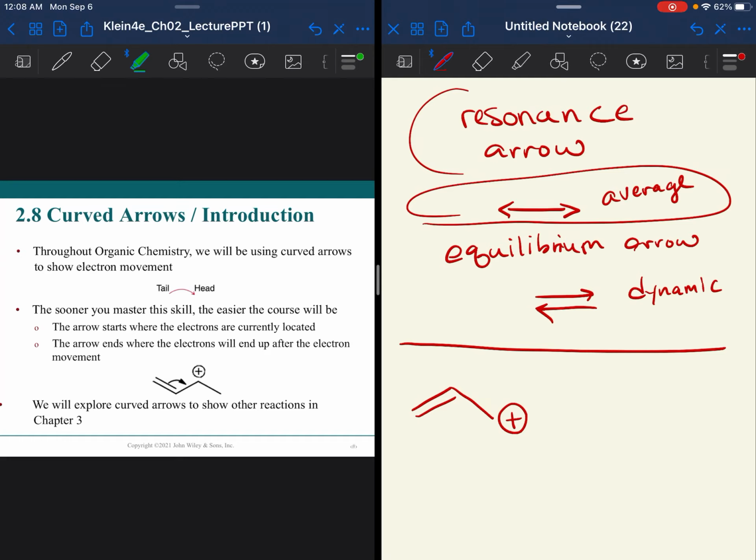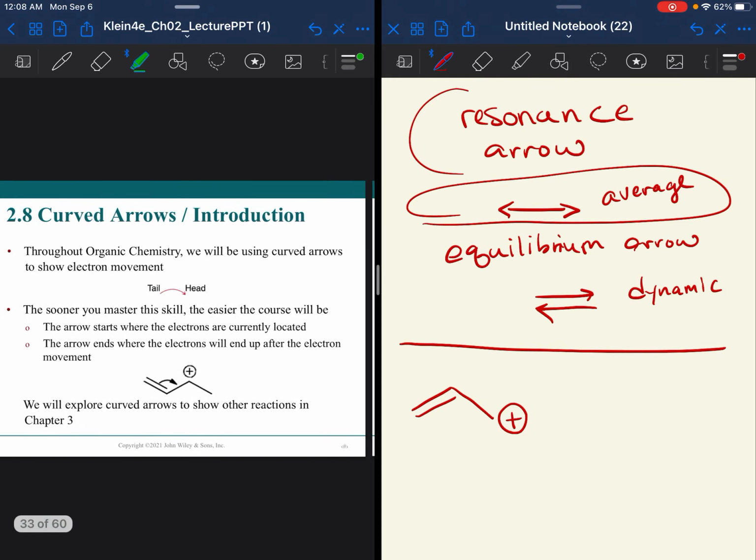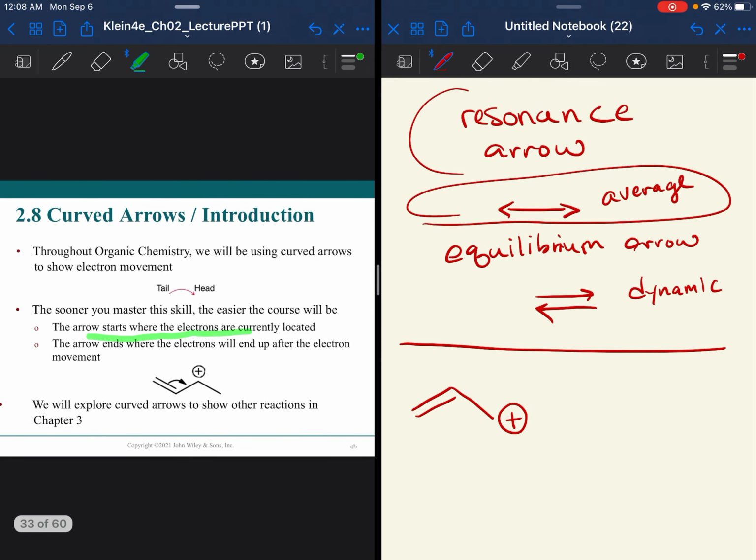And what is very important, and we're very nitpicky in chemistry, details are very important: the tail of the arrow, where the arrow starts, is always where the electron is currently located. Arrows start where the electrons are, and they end where the electrons are going.